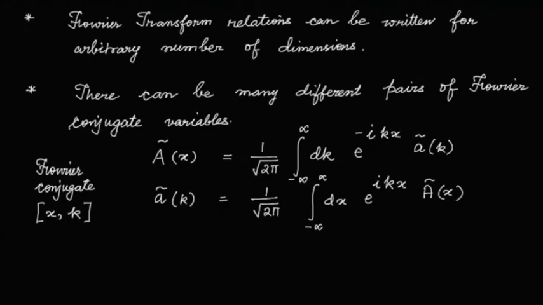You are defining these relations. You are saying that if there is a function small a tilde k, then I will define a function a tilde x which is related this way. Then from a tilde x, I can also get a tilde k by the inverse relation. It's not that they already exist and then you are trying to find them.